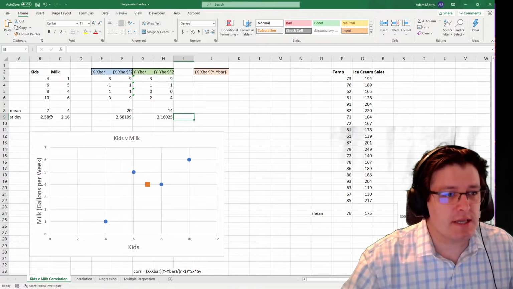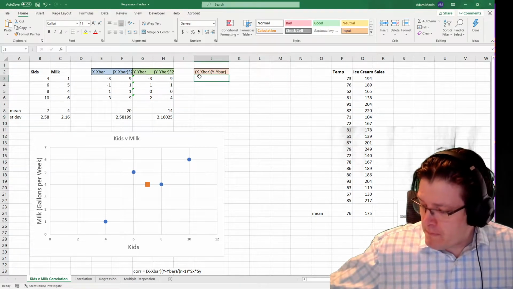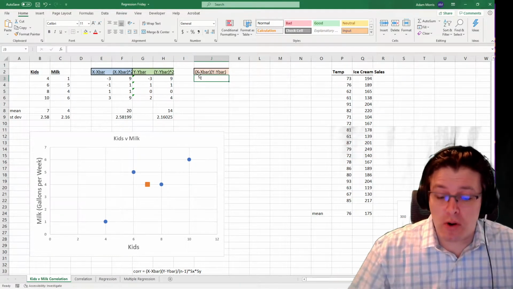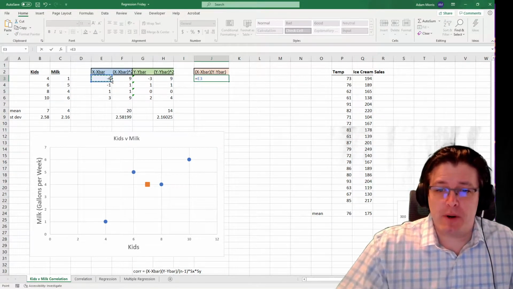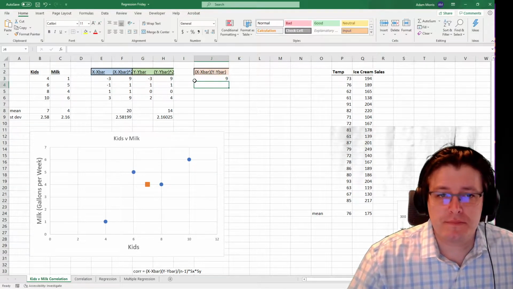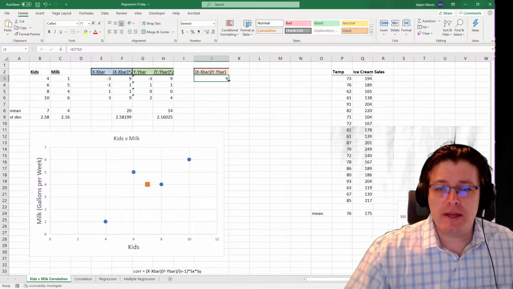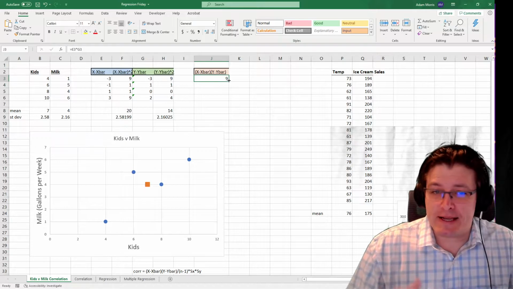Of course, Excel has certain things in there to help us out. And then to do correlation, instead of squaring x minus x bar, we're going to multiply it by y minus y bar. So we're, in essence, doing a two-dimensional version, but it's not the same x minus x bar.